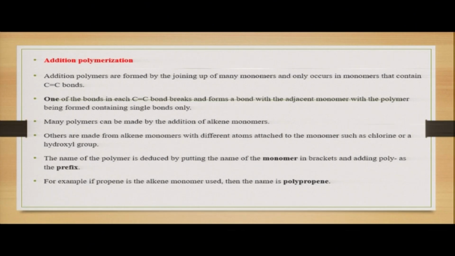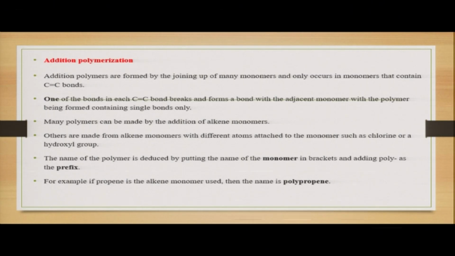Slowly, when you look at this on the screen, you'll see addition polymers are formed by joining up many monomers, and this only occurs in monomers that contain a double bond. That is the main important condition.